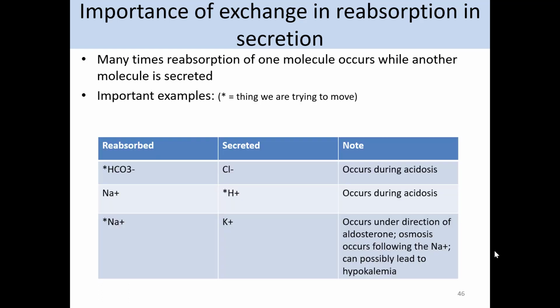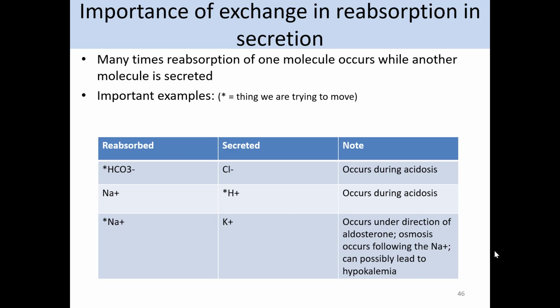Besides the sodium and hydrogen ion exchange, there are some other important examples of linked reabsorption and secretion. Bicarbonate and chloride ions are another example. Like sodium and hydrogen ion exchange, we will use the bicarbonate and chloride ion exchangers during acidosis.